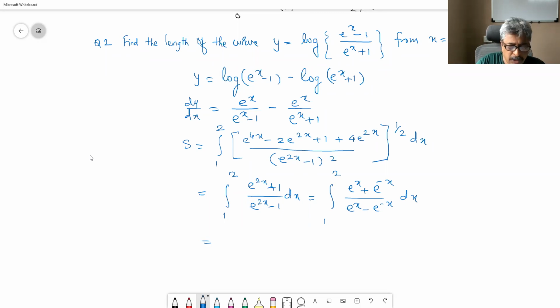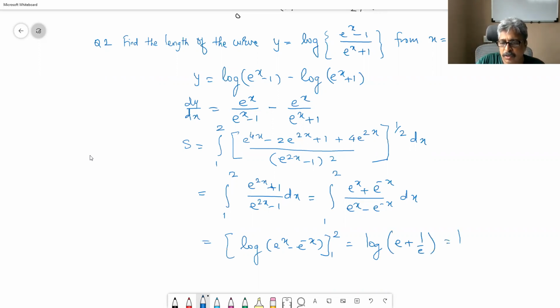The answer of this is log (e raised to x minus e raised to minus x), because the derivative of the denominator is the numerator. Evaluated between 1 and 2, it is log (e plus 1 upon e), or log (e square plus 1) minus 1. That is your answer.